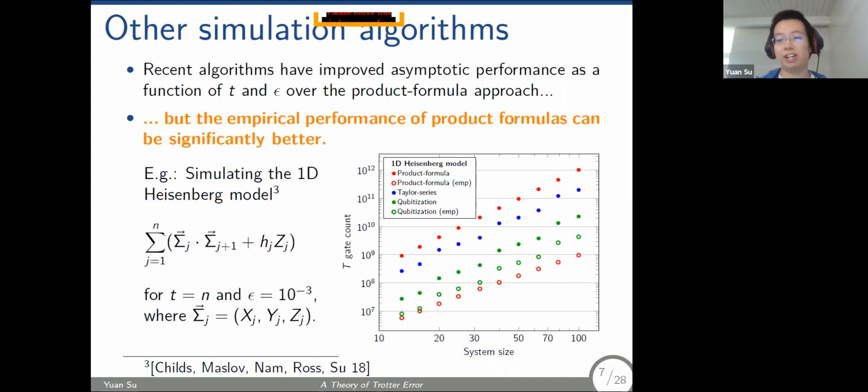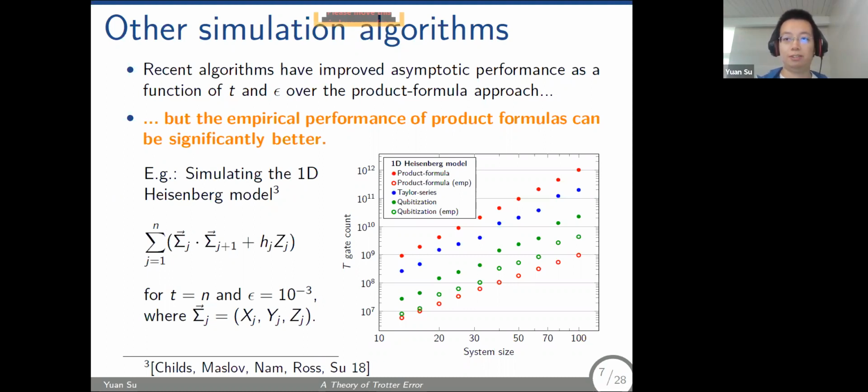So it's a 1D chain with nearest neighbor interactions. So for example, here I use this short notation to represent Pauli interactions. We have XX, YY, ZZ. And also, we have these single Z operators acting on each one of the qubits.